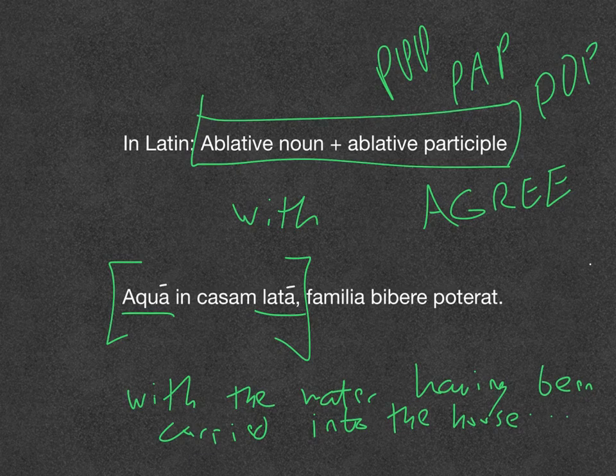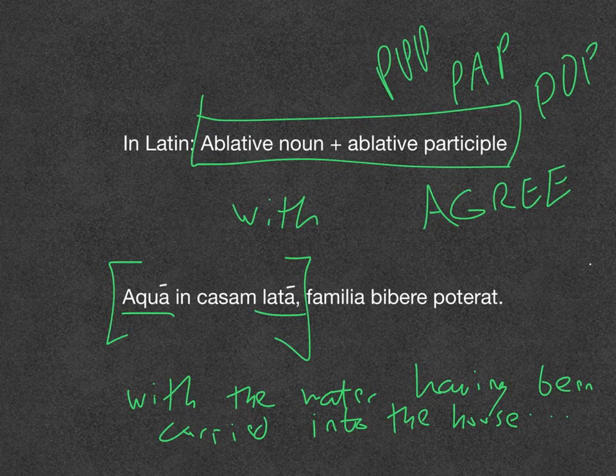Notice the "with" and the "having been." This is from the example in the previous slide I showed you in English of how that worked. The "with" is still present because of the aqua ablative, and then lata, being the perfect passive participle of fero, ferre, tuli, latus, is the "having been carried." With the water having been carried into the house, comma, you finish the sentence: the family was able to drink.